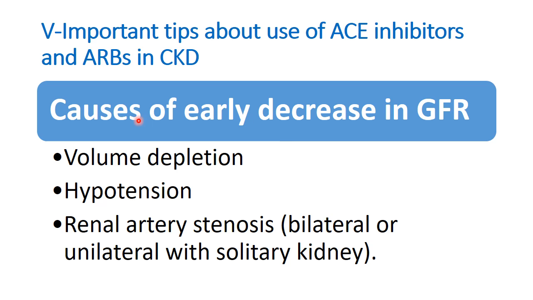And you should keep in mind that the causes of early decline in the GFR include volume depletion, hypotension, and renal artery stenosis, either bilateral or unilateral in the presence of a solitary kidney.